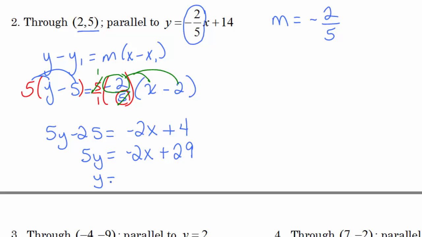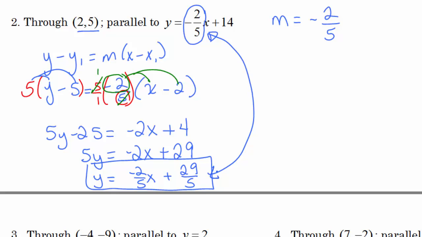And I'm going to divide by 5. And again, those two lines are parallel because they have the same slope. And if you were to check, you could put the point, 2 and 5, in for x and y, and you should get a true statement if you didn't make any mistakes.